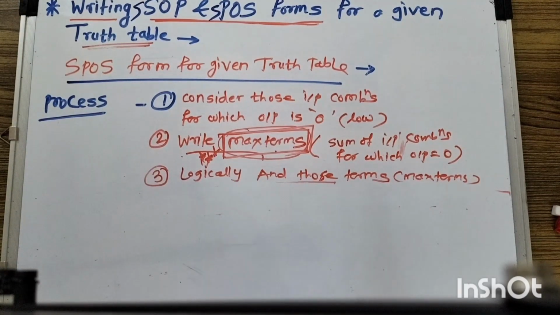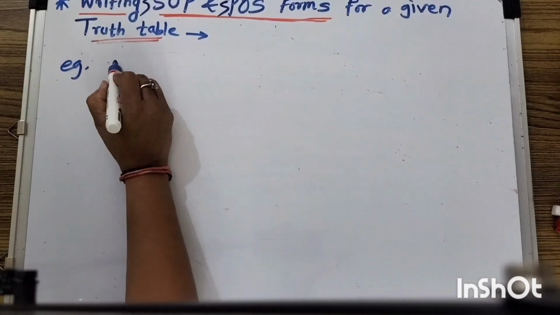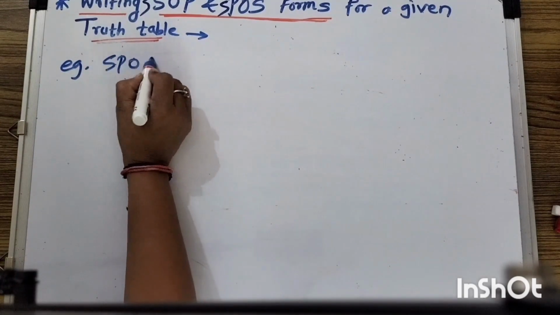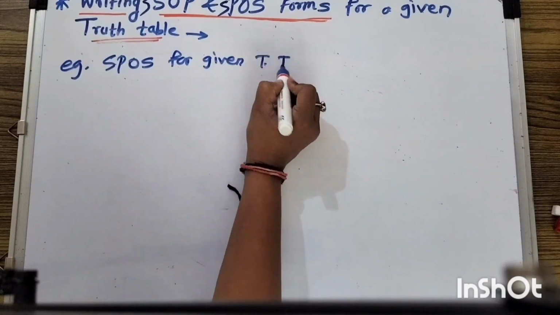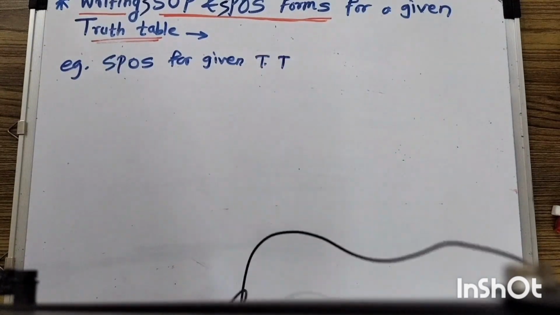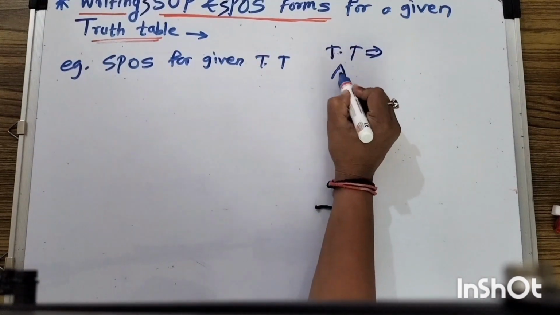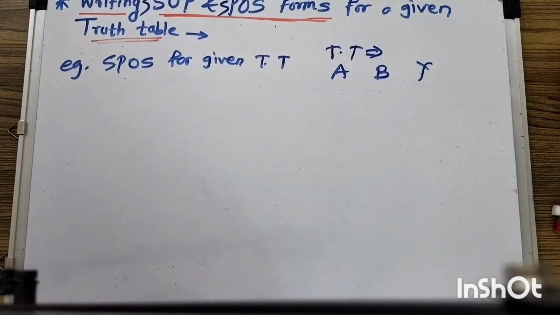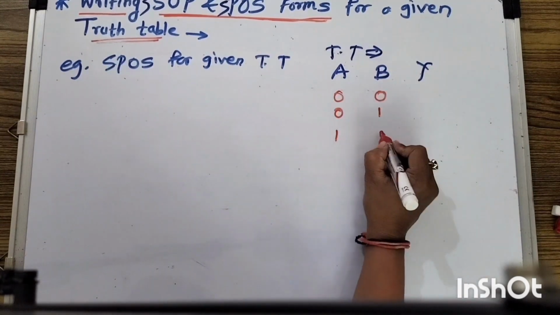Now we'll see an example of how we can write the standard POS form for a given truth table. So if we have a truth table like this, inputs are A, B, output is Y. So these are my 0 0, 0 1, 1 0, 1 1.